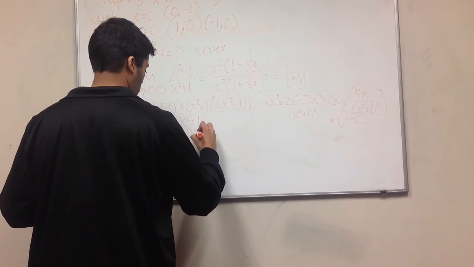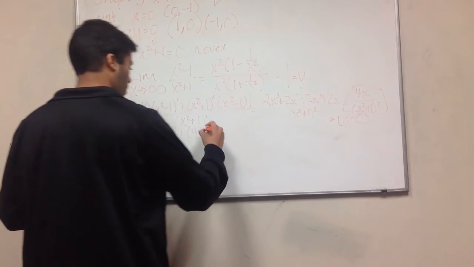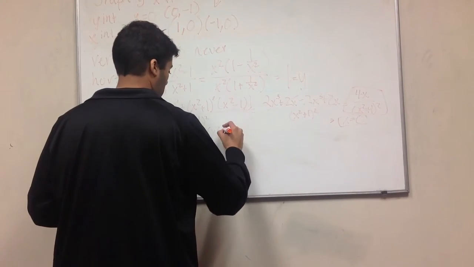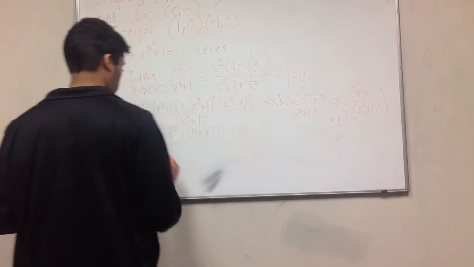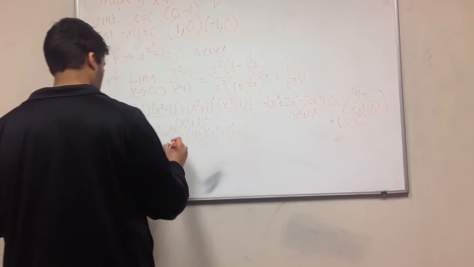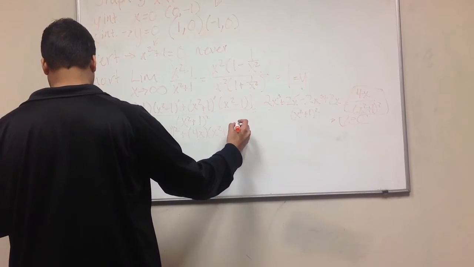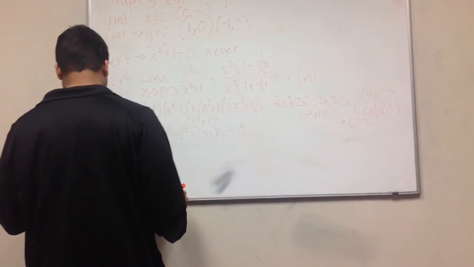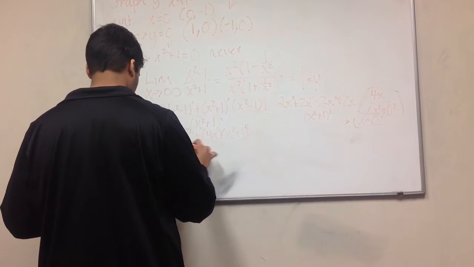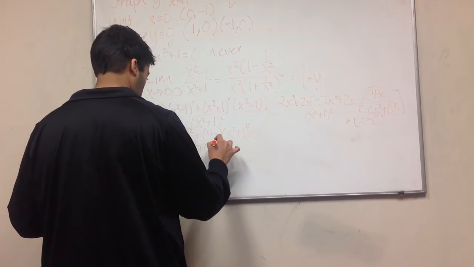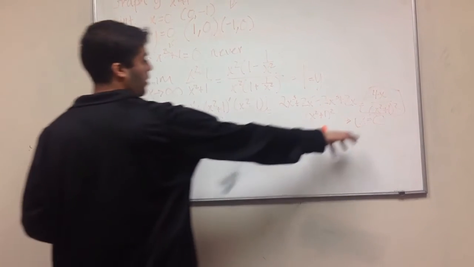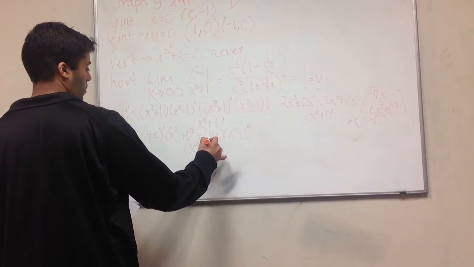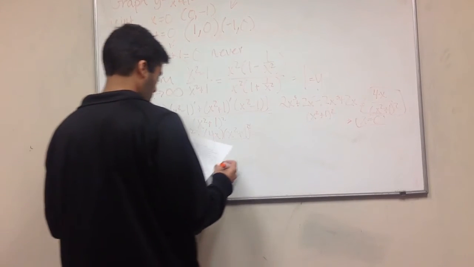Plus 4x times x squared plus 1, taking the derivative of that, squared. All over x squared plus 1 to the fourth power. The fourth power, because it was already x squared plus 1 squared, we're just going to multiply that by 2 since we're squaring it again.